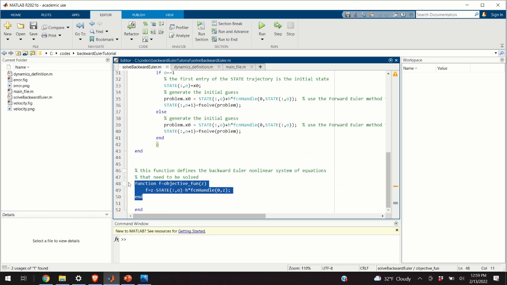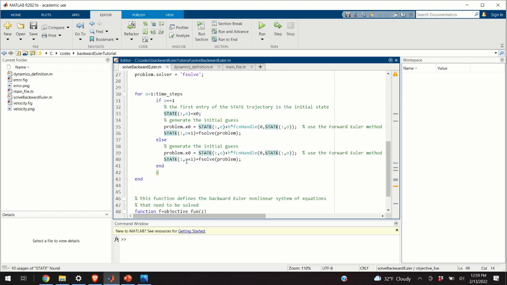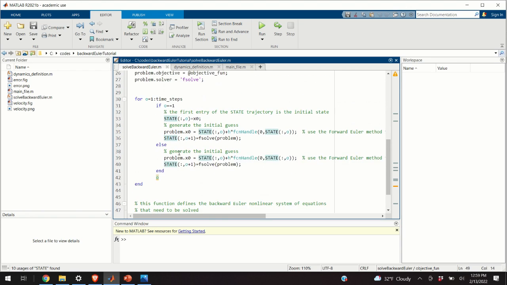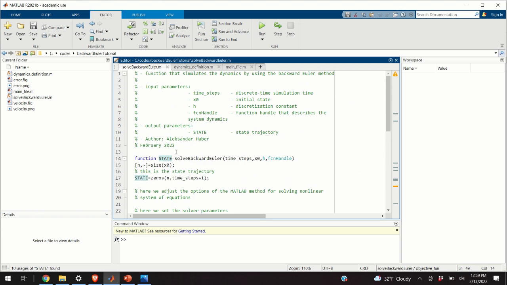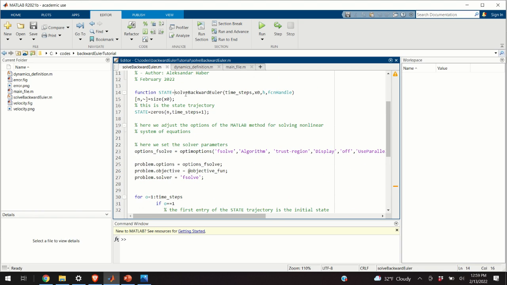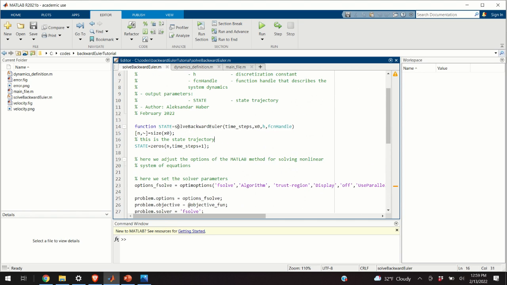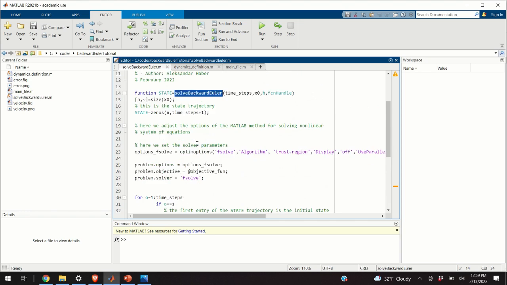If you analyze this objective function, you will notice the following. From this function over here, I can access the columns of the state matrix that are originally defined in this function. So the objective function is a nested function inside of this bigger solve backward Euler function.